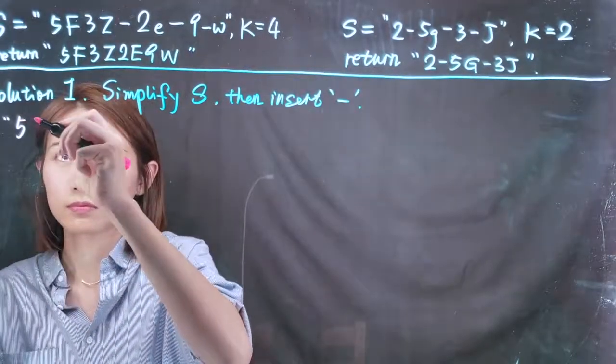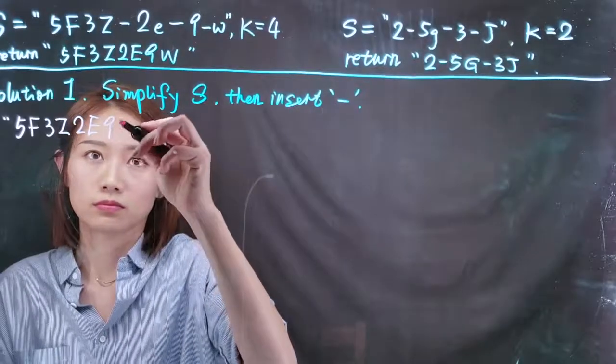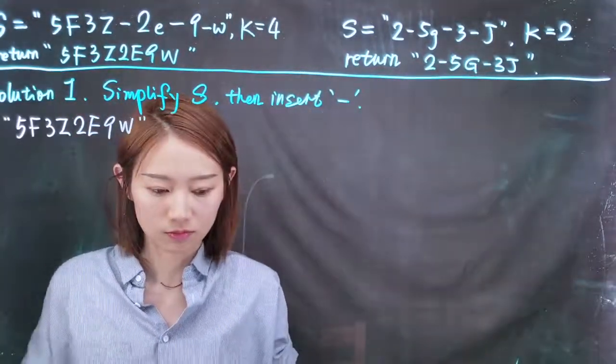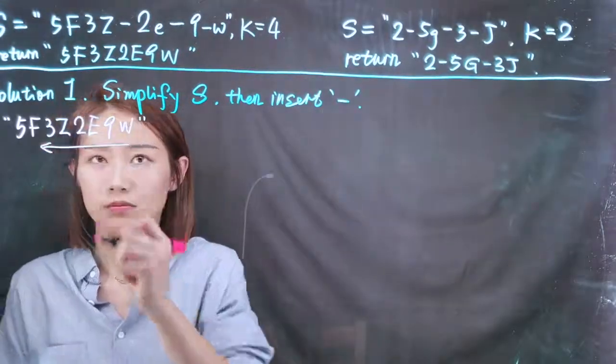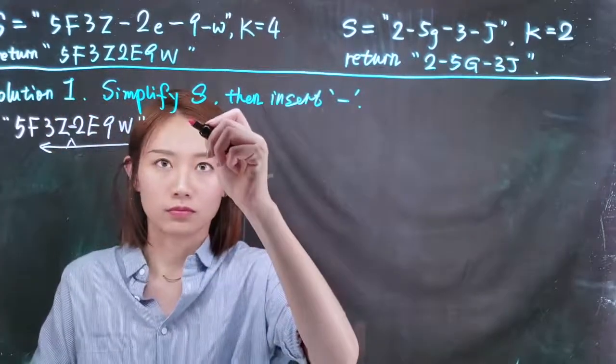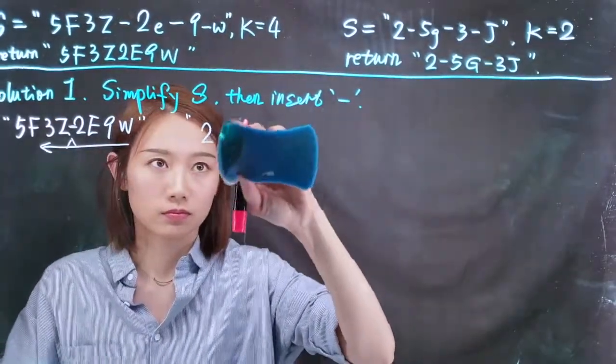For the example, it's just 5F3Z2E9W, and then we insert the dashes from the back at every k position. For example, k is 4, we go from the back 1, 2, 3, 4, insert a dash.